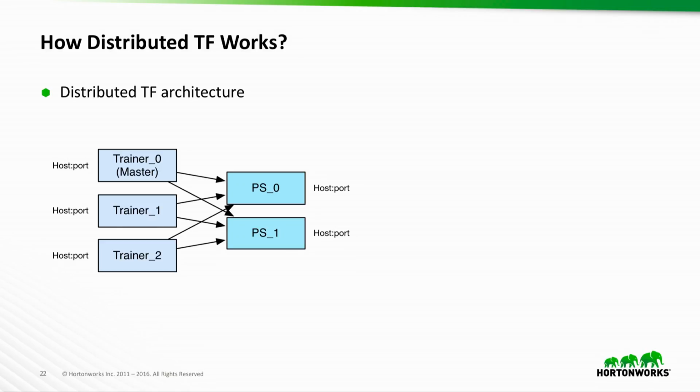On the right side are parameter servers. Once the worker gets the parameters updated, it will send the new updated parameters to the parameter server. The parameter server will hold all these parameters. Typically, they will not use GPU. You can think of it as a shared memory cache for all the workers.